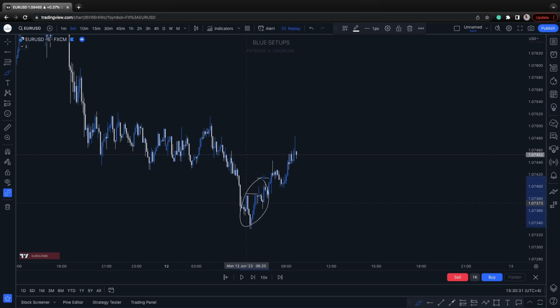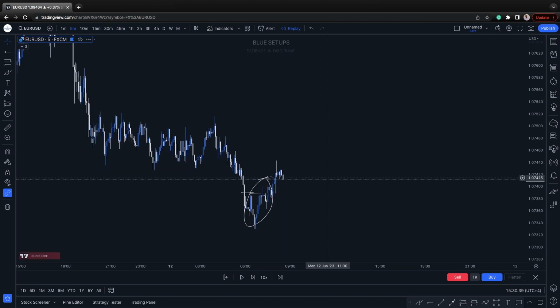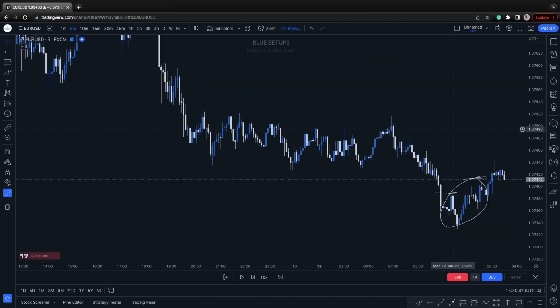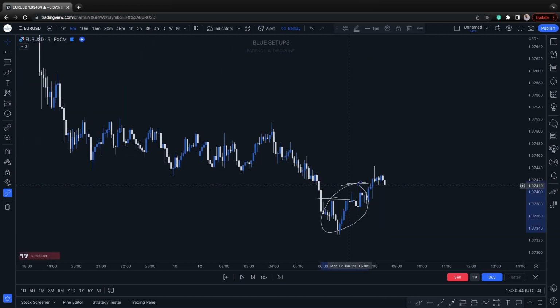So this break and this break were already a displacement, which means if you were trading live charts, you would have gotten this on lower time frames to be your demand zone to trade off from.